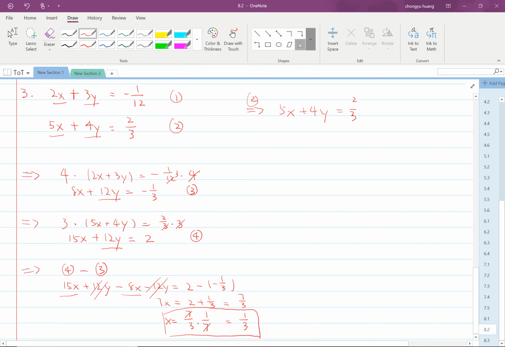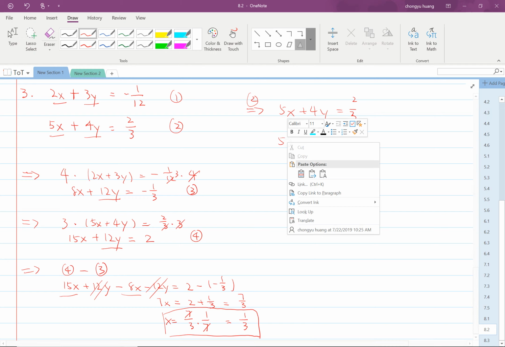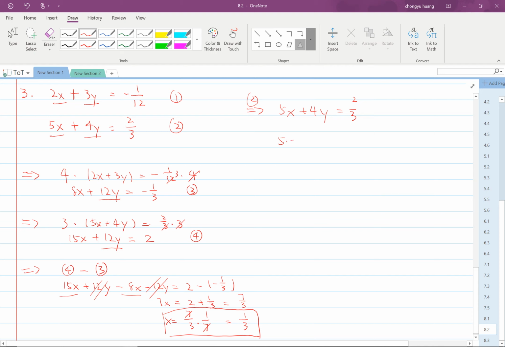So here you plug in x equal to 1/3: 5/3 plus 4y is equal to 2/3. 4y is basically equal to 2/3 minus 5/3. 2 minus 5 is negative 3, so 3 and 3 cancel, giving negative 1.